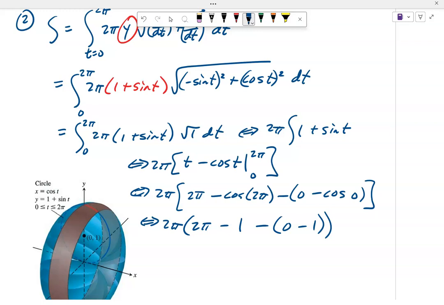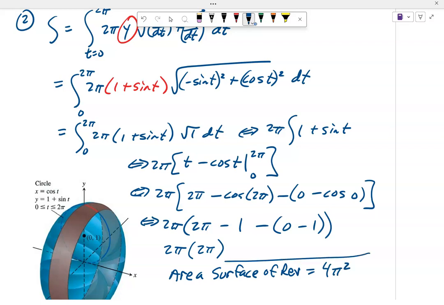And so we've got negative 1 plus 1, those are gone, so 2 pi times 2 pi. So we've got the area of the surface of revolution being 4 pi squared. And this is kind of a picture of that to the left here as best I can.